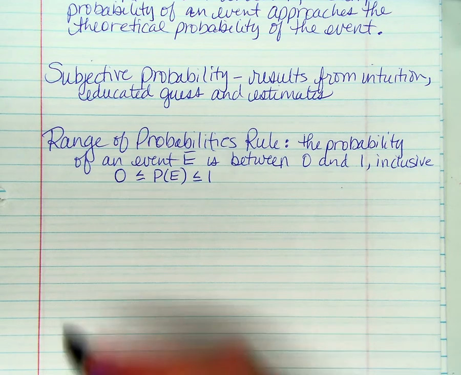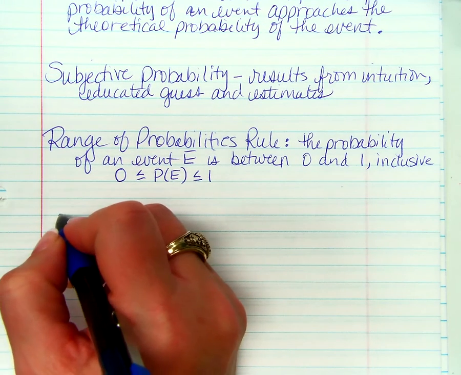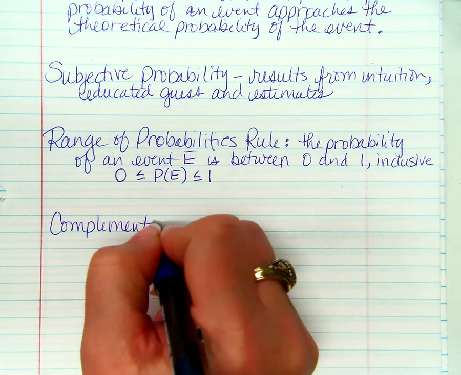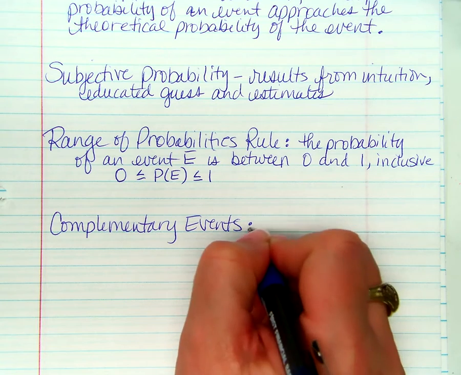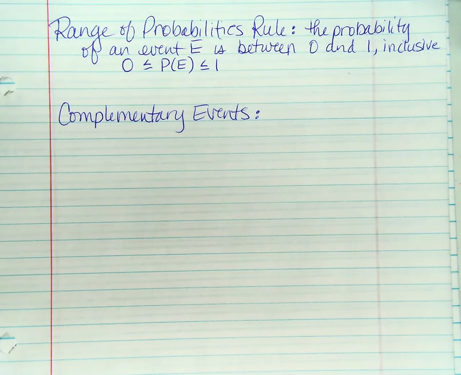Okay. All right. Last thing in this section is called complementary events. Now, much to my dismay, this is not where we stand around and tell each other nice things about each other. Okay, because that would be fun, but that's not what the math is.